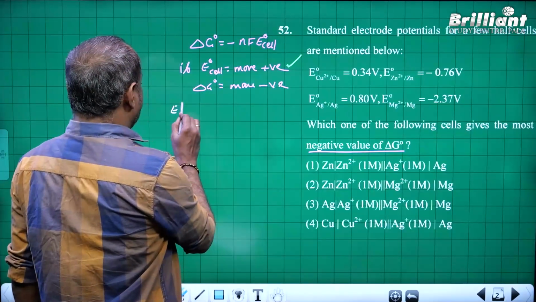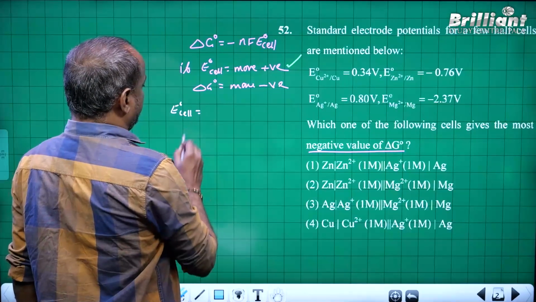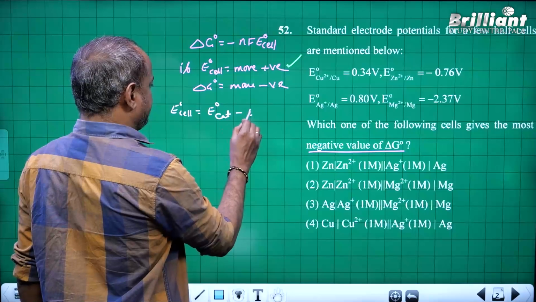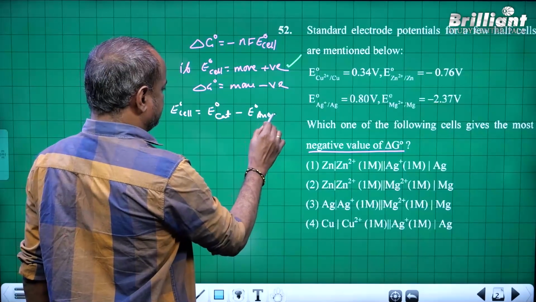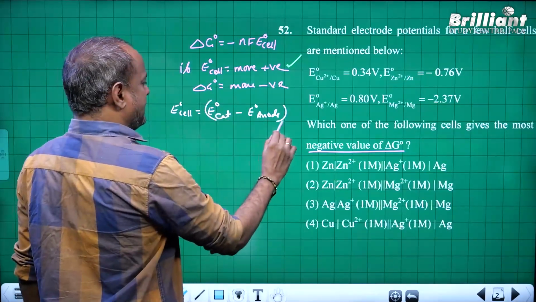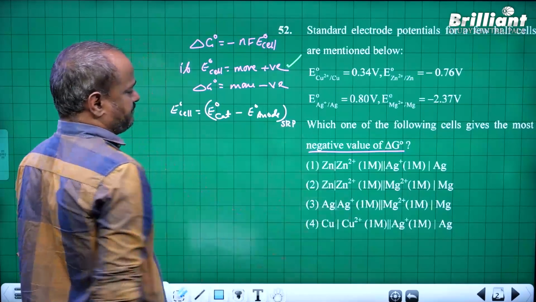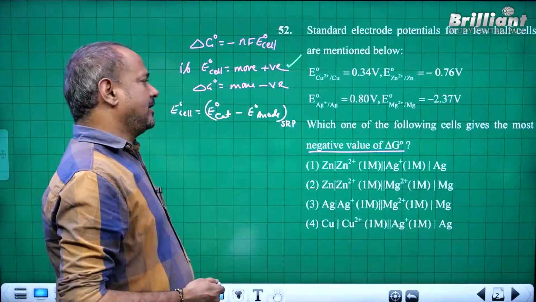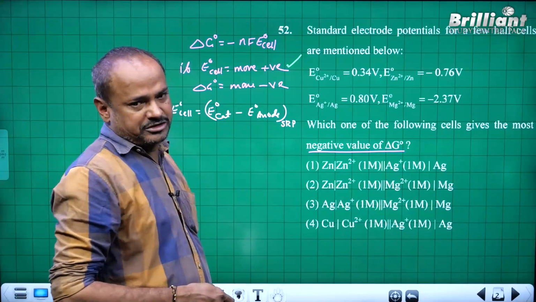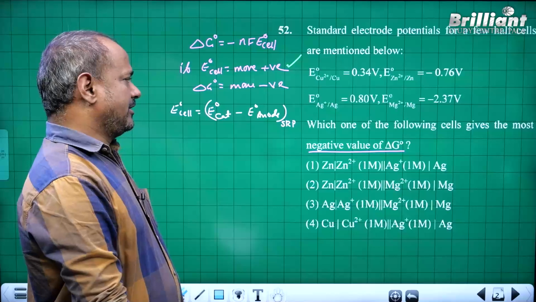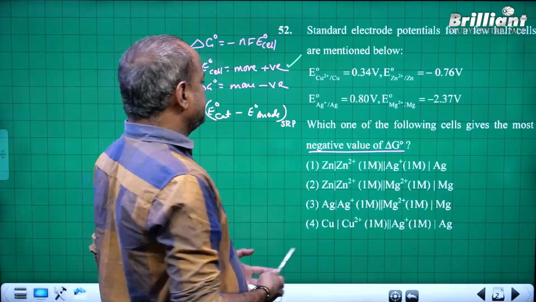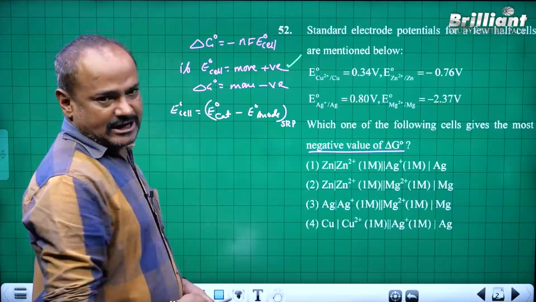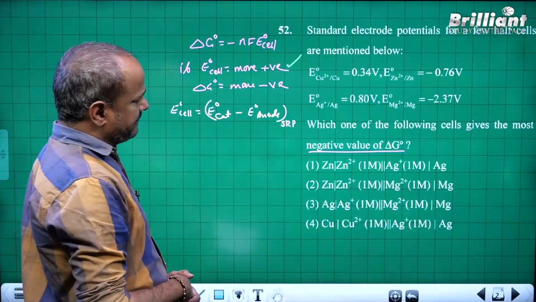E naught of cell is equal to E naught cathode minus E naught anode from SRP values, cathode minus anode, or E naught OP plus E naught RP, reduction potential plus oxidation potential, but given in terms of all reduction potentials. So that means, let us check which combination gives the highest value of E naught of cell.